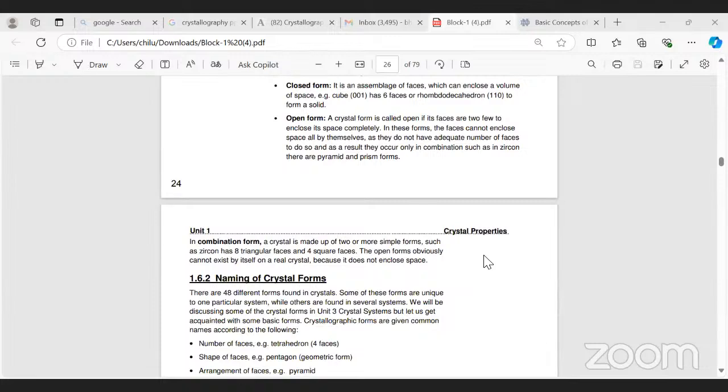Whereas in an open form, a minimum of two to a few faces are there, and the space will not be completely enclosed based on the crystal axis.